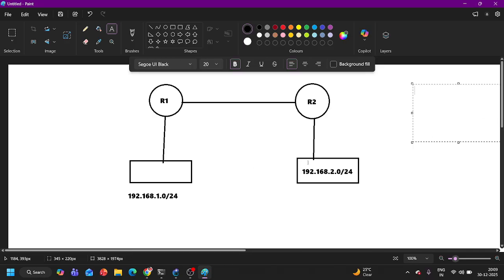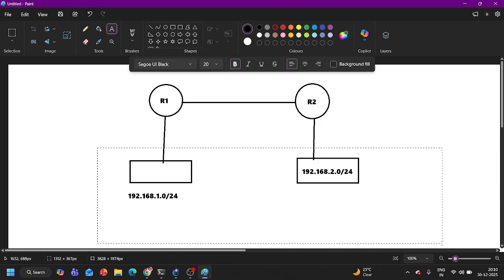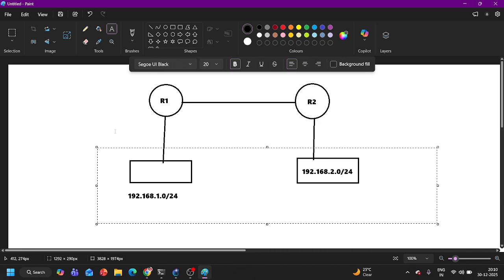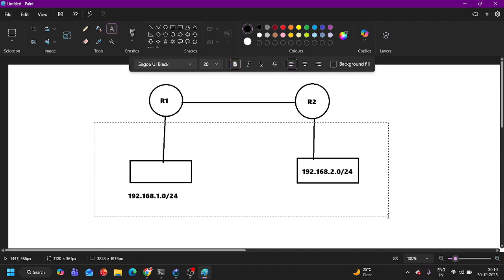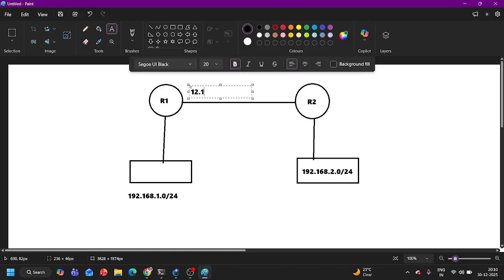Summarization. In this case, you can see through subnetting, can you summarize these two subnets? No, these two are classful networks, not classless networks. What I am saying here, my subnet is this one, here this one, here IP address is 12.1, and here IP address is 12.2. Correct?